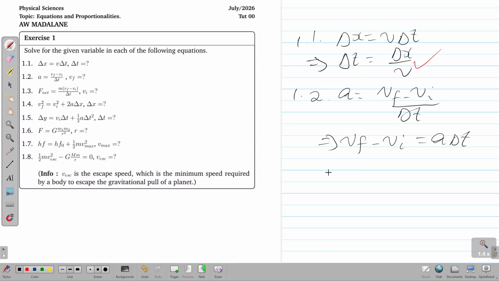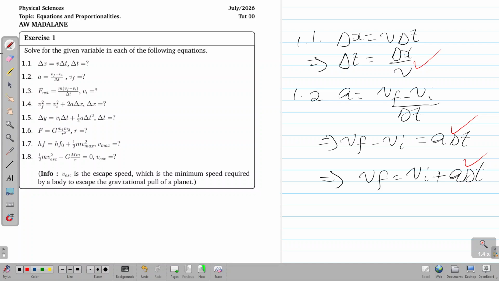Then that implies, since we want v final, the additive inverse of minus v initial is positive v initial, so I will have positive v initial here plus a delta t. Okay, and then of course you can also mark yourself, and then for your final answer there.